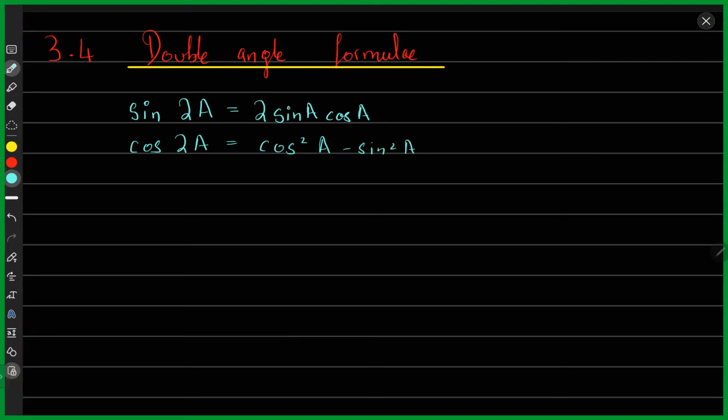And if I talk about tan with double angle, so tan 2a is basically 2 tan a divided by 1 minus tan square a. So these are the three double angle formulas which we will be using in order to simplify questions.